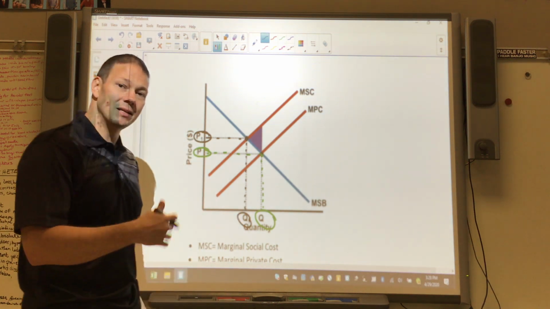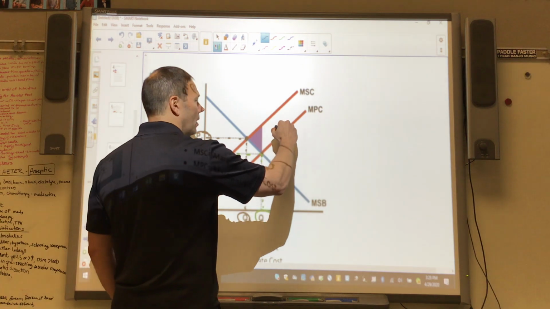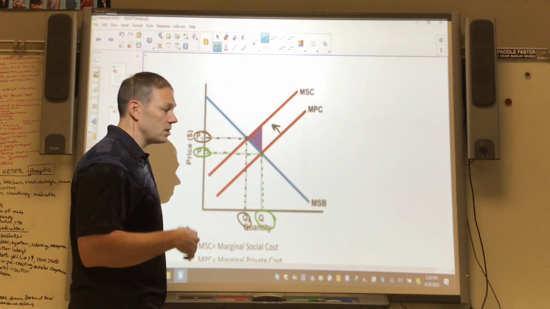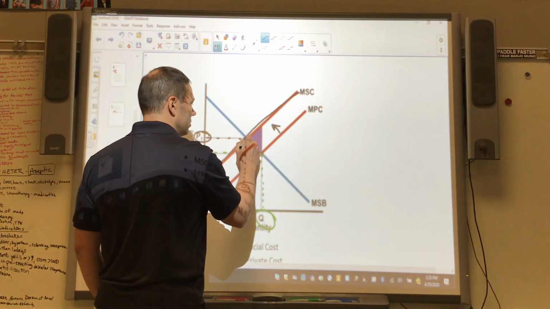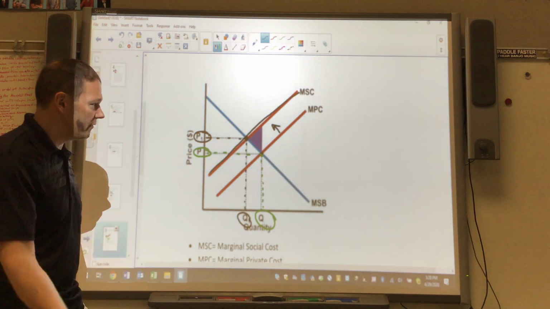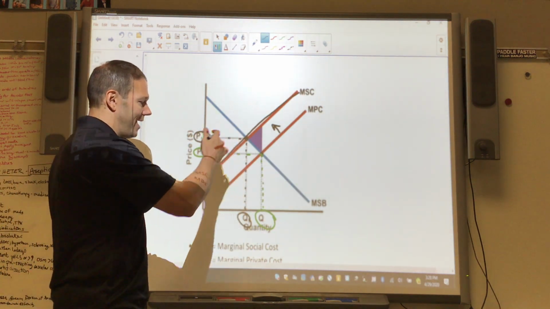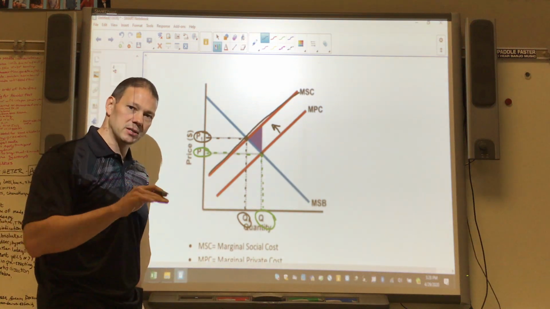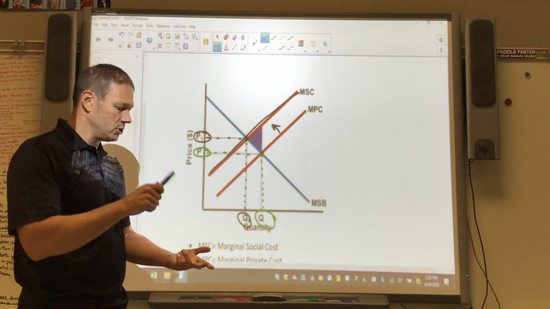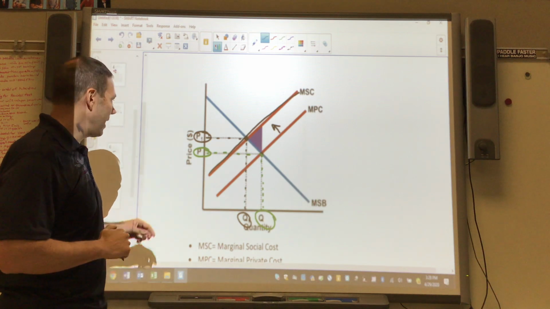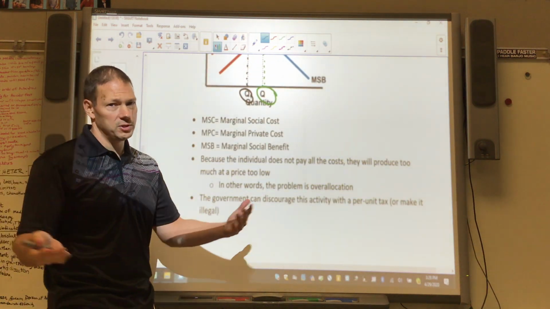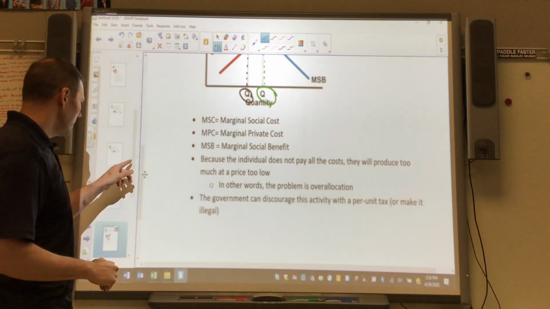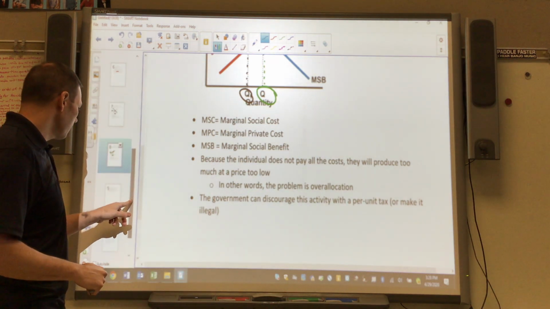That might discourage you from polluting because it's increasing the cost for you to engage in that activity, and ideally they increase it to such an extent that the individual's costs match society's costs and less of it will be done. So the problem, over allocation, the best fix is a per unit tax, other than, like I say, just making them completely illegal, which they do at times as well. Okay, so that's our negative externality.